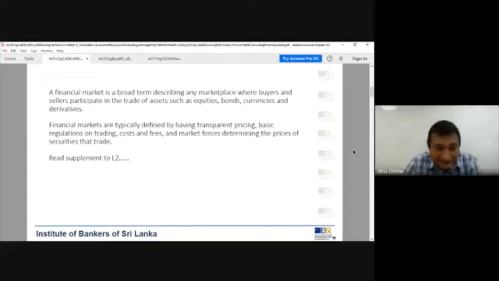Intermediary is the institutions. Okay. Institution is one element of many things. You see financial assets there. That is also one element.